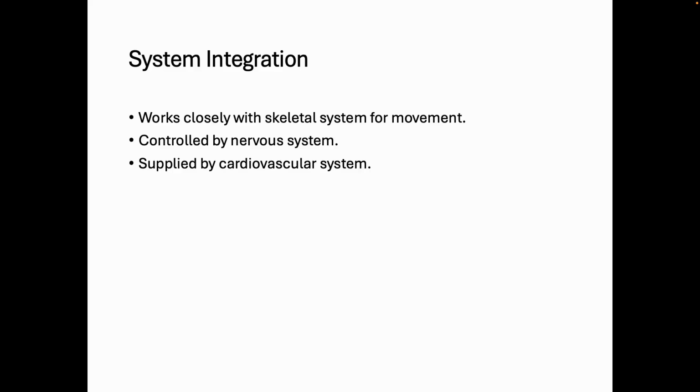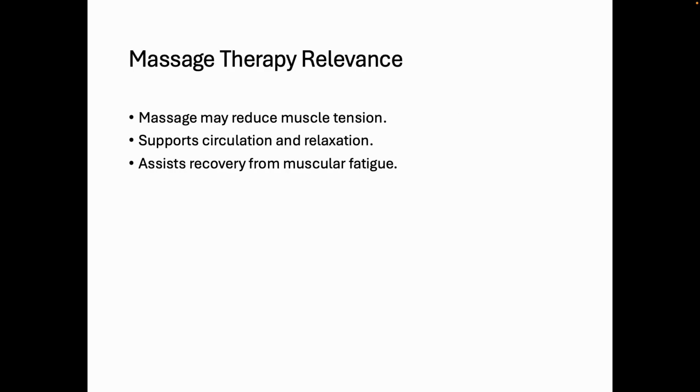All right. System integration. The muscle system works closely with your skeletal system for movement. It's controlled by the nervous system, and it's supplied by the cardiovascular system. Who would have thought? Relevance to massage: massage can reduce muscle tension. Really?